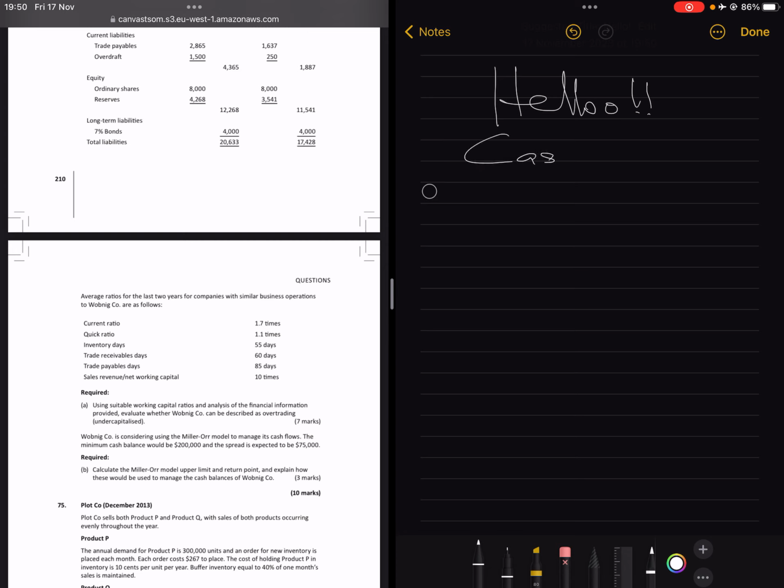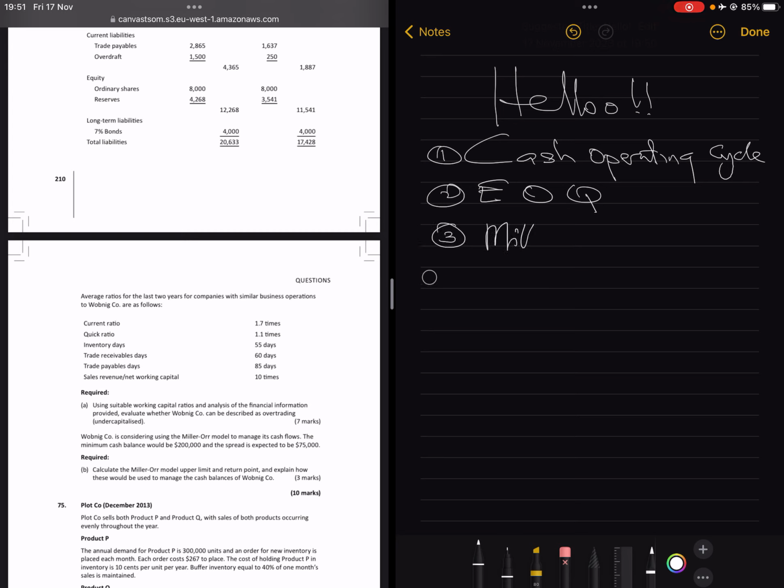We've looked at what cash operating cycle is. Cash operating cycle, very important. We've looked at EOQ. We have looked at Miller-Orr concept. This is for managing cash. EOQ is for inventory management.